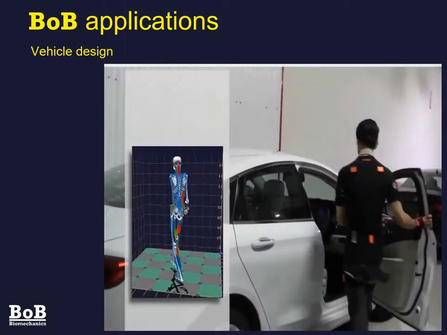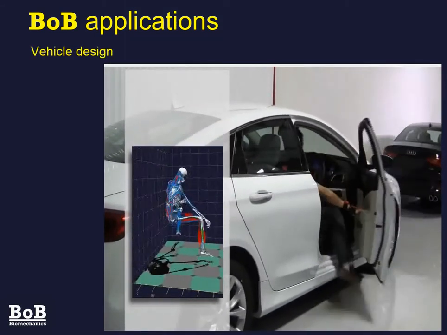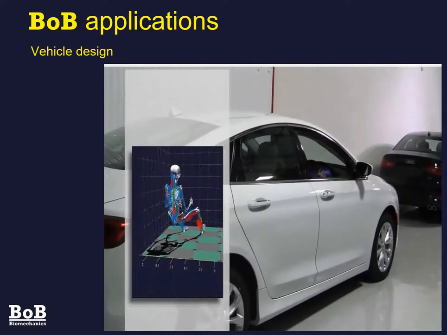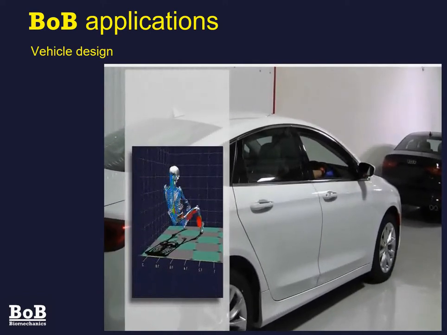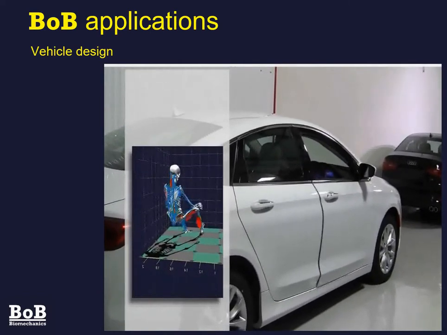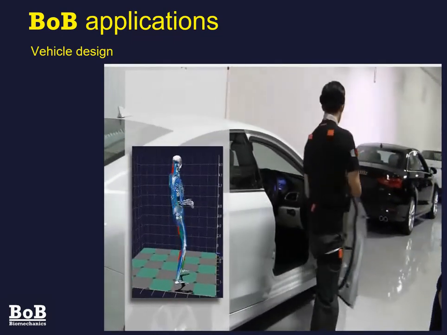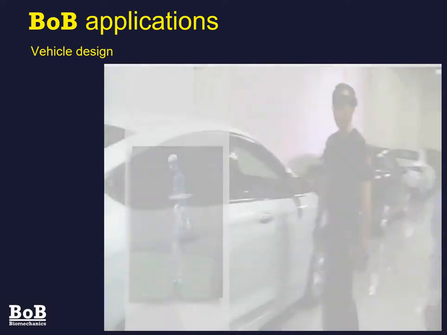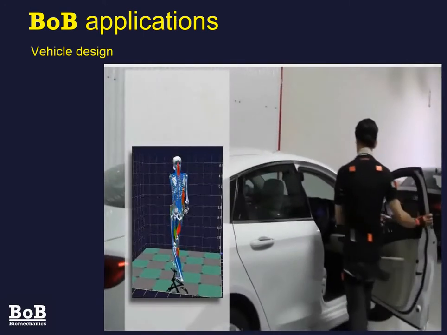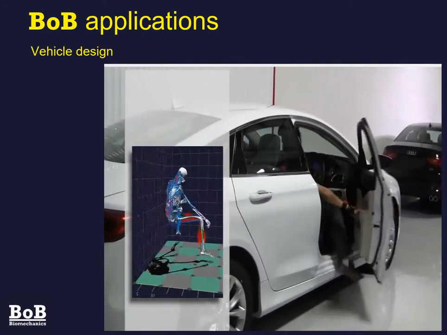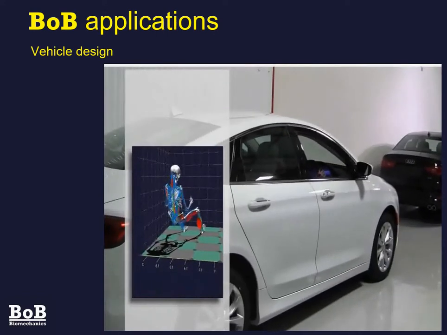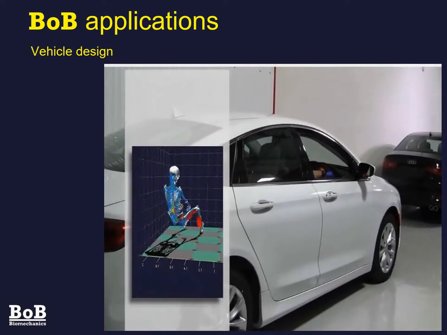Another application of biomechanical analysis is in vehicle design. In this study, the automotive manufacturer was interested in increasing the ease of use of vehicles for the older person. You can see the subject has got the little orange IMU boxes attached to them so that they can be measured as they get in, sit, and get out of the vehicle.